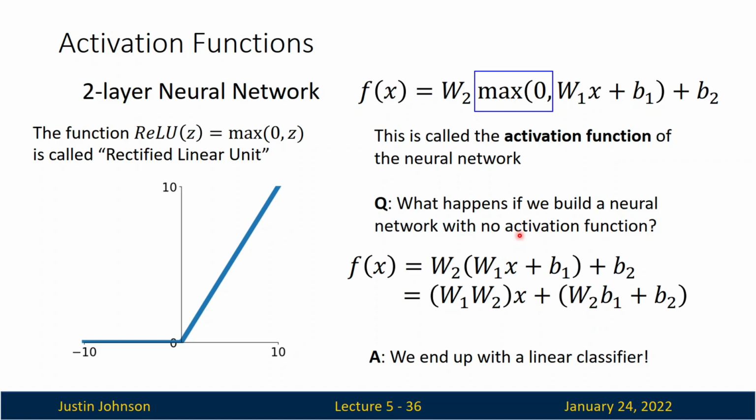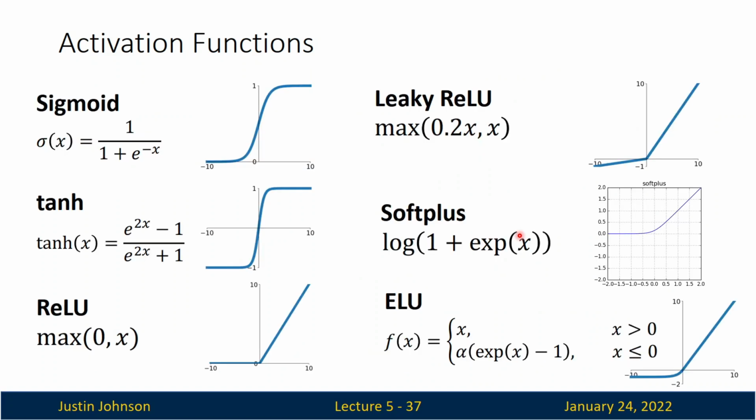So let me show you some popular activation functions. You see ReLU, okay, this is one. And then there are sigmoid, tanh, leaky ReLU, softplus, and ELU. So you can see they are somehow similar in terms of what? For values less than 0, it will assign a 0 or a value very close to 0.